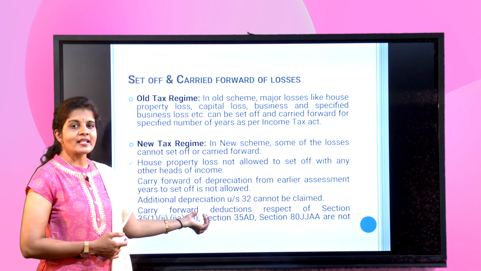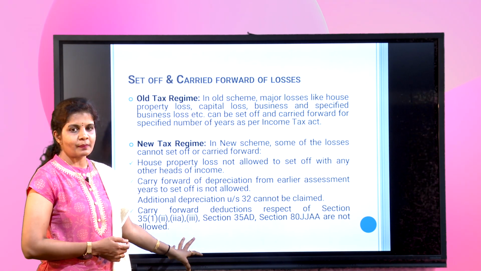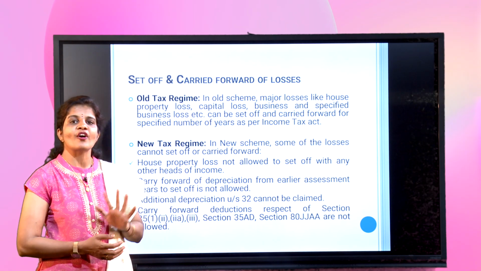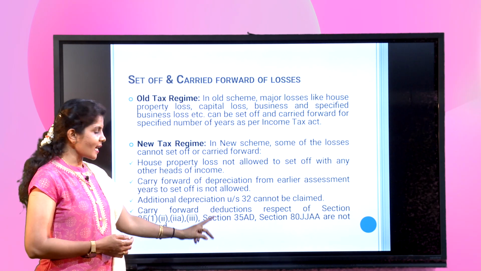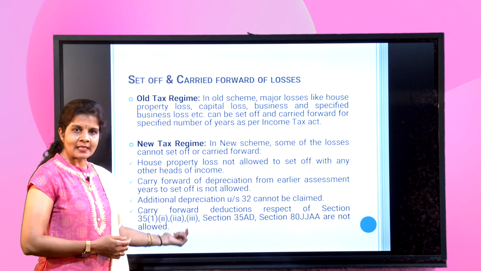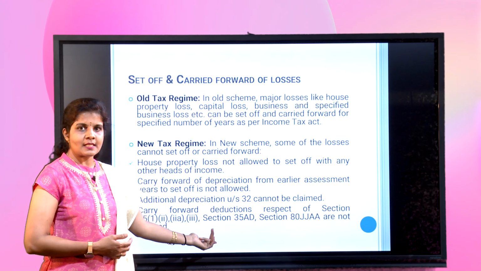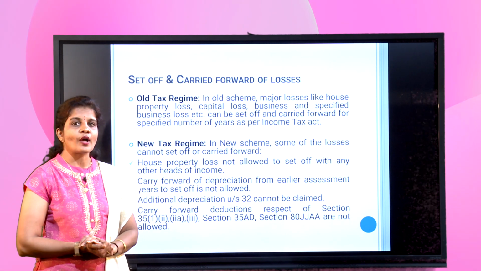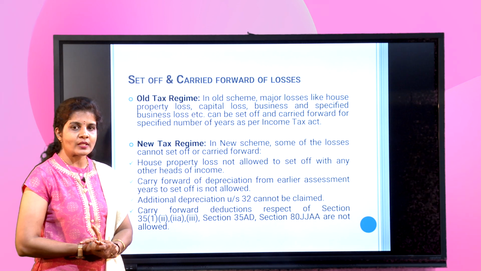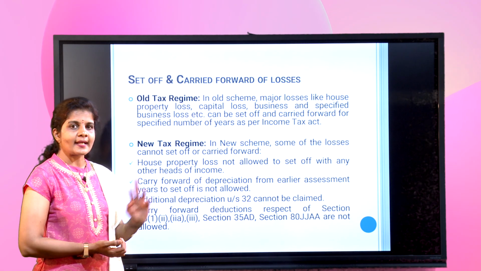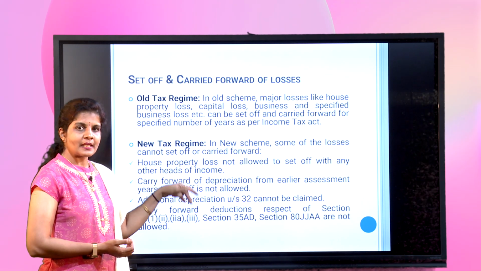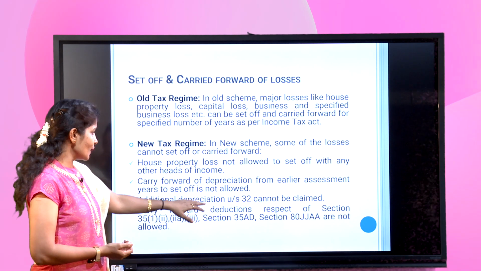All these unabsorbed expenditures cannot be carried forward. But all these unabsorbed expenditure on scientific research, unabsorbed expenditure on capital assets, unabsorbed expenditure on additional employee cost, all these were allowed under old tax regime, but it is not allowed under new tax regime.